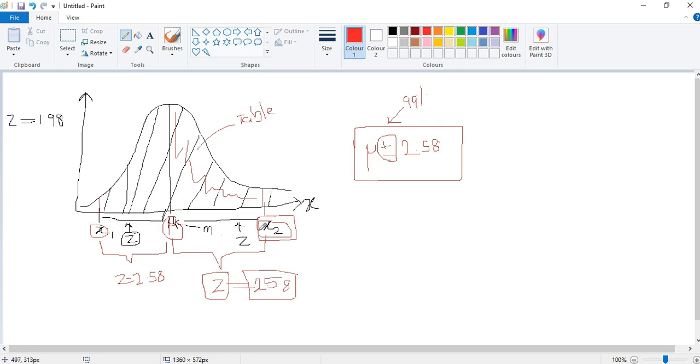We don't need to find an x value because we have the gap. What matters is the gap. So the gap only will be used for the table, because the gap is equal to the z value, and based on the z value only they have designed the table. So use the z value and find the probability or area under the graph for such gaps.